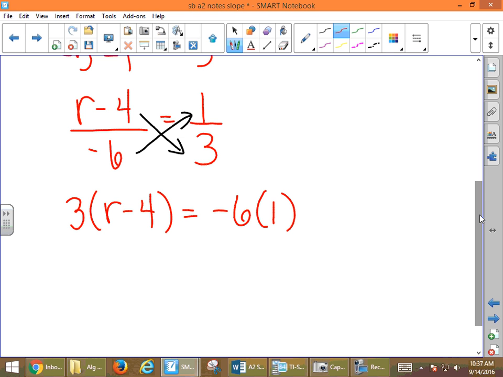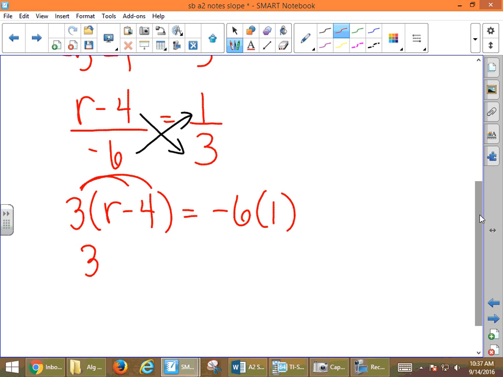It doesn't matter which side each product is on. We just need to multiply these two parts together and these two parts together. Once we have that, we can figure out what r is using the distributive property in our solving technique.